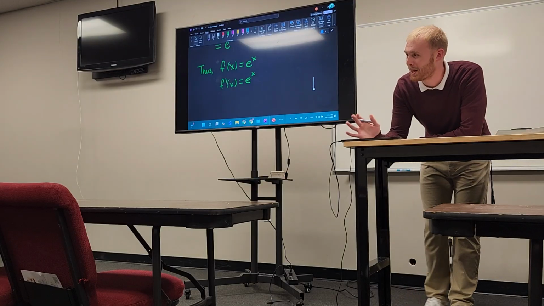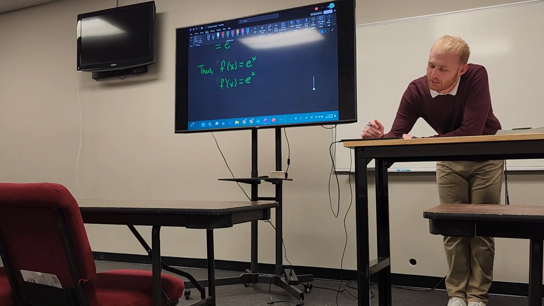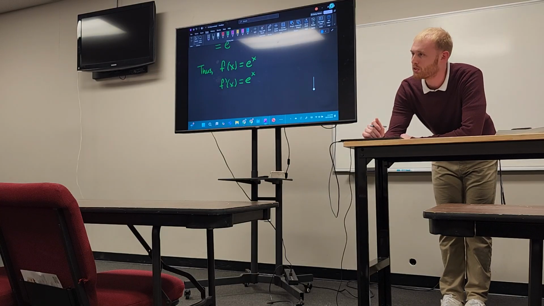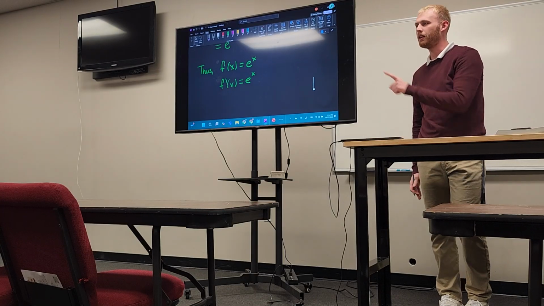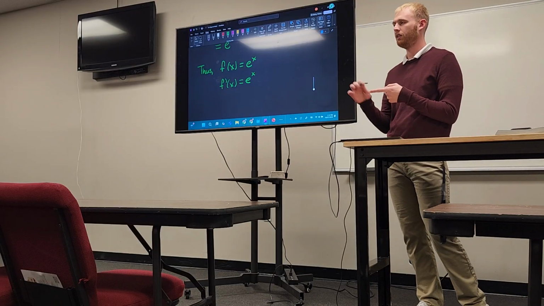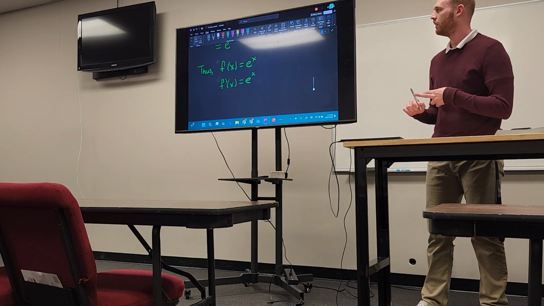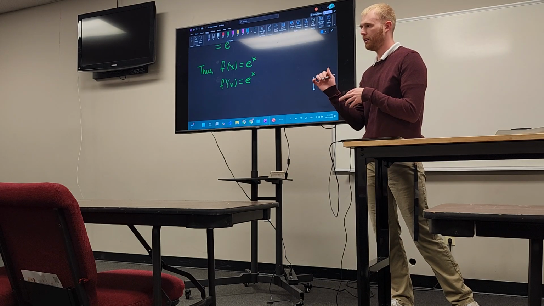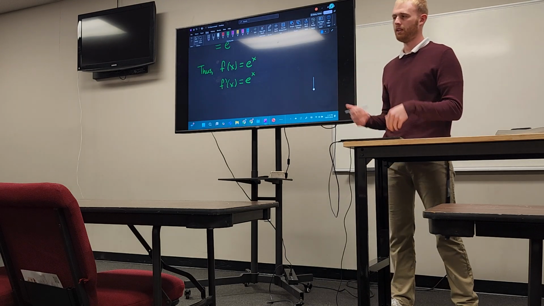We just don't need it for today. We're defining it differently. So there are 2 definitions for e. He got it from a limit of compound interest, that's how he developed the value. But we can also define e as the function whose derivative at 0, 1 has a slope of 1. That's another way to define e.